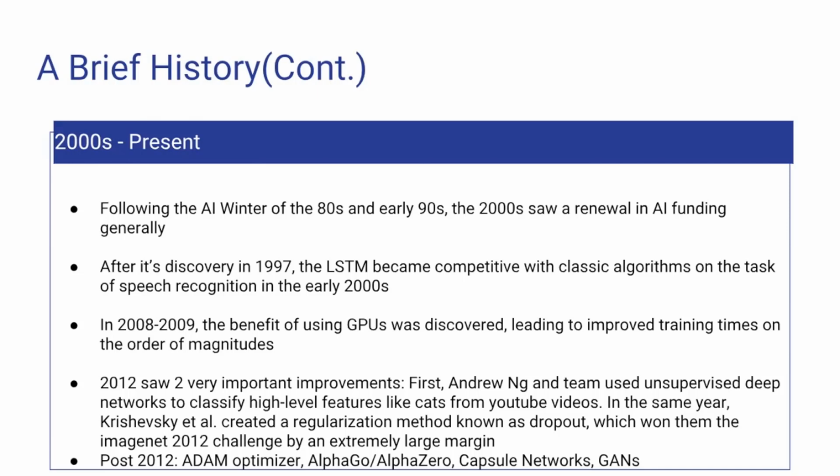And essentially what he did, using unsupervised deep networks, he got networks to classify higher level features such as cats or other animals, people in YouTube videos. So this was completely unsupervised, meaning that there were no labels on the data. The model was just told to look at these videos and learn the features on its own.